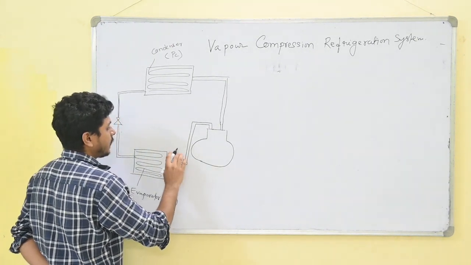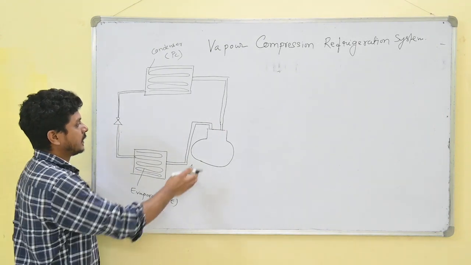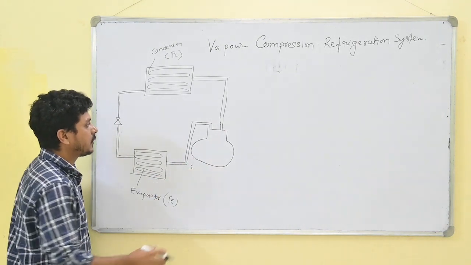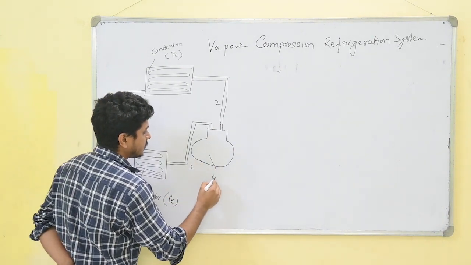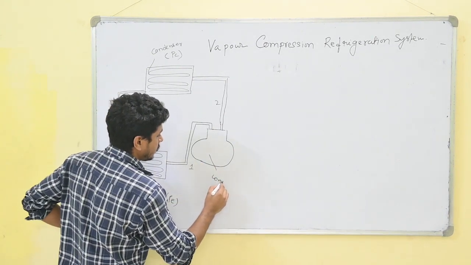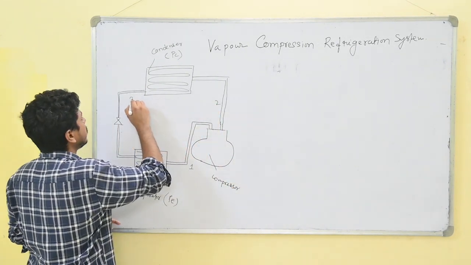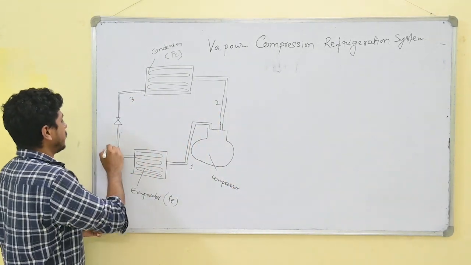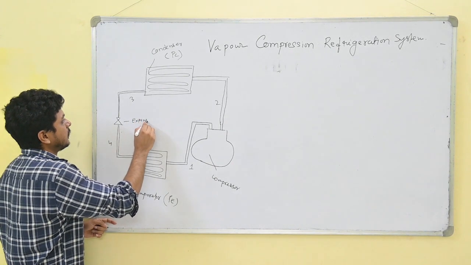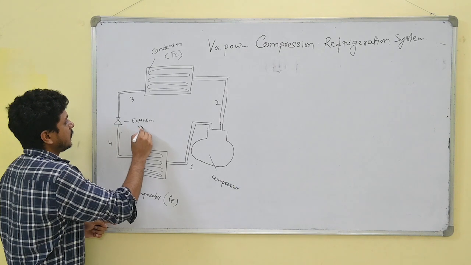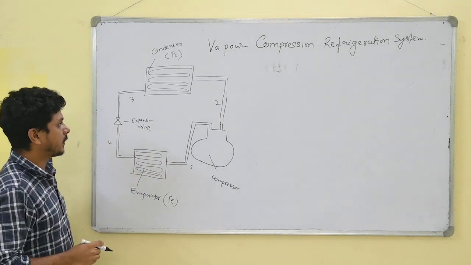Now I number the whole system: 1-2 is the compressor, 2-3 is the condenser, 3-4 is the expansion valve, and 4-1 is the evaporator.